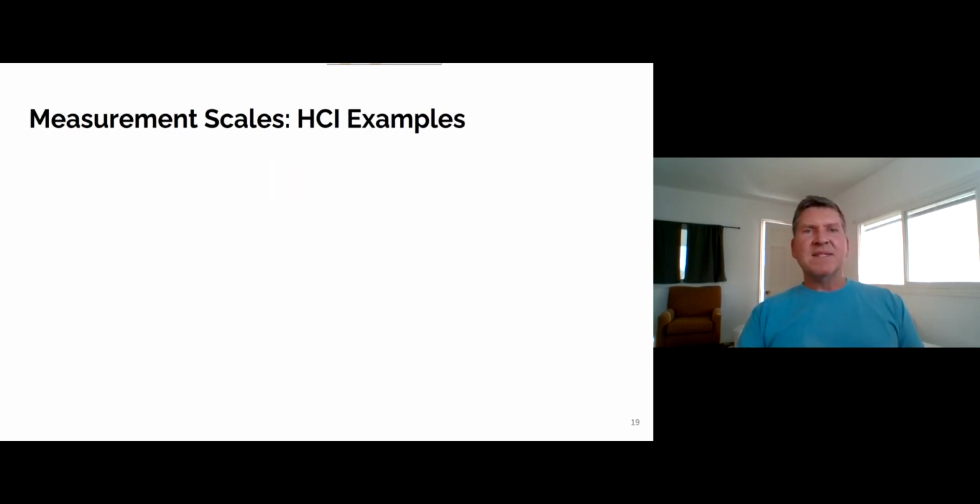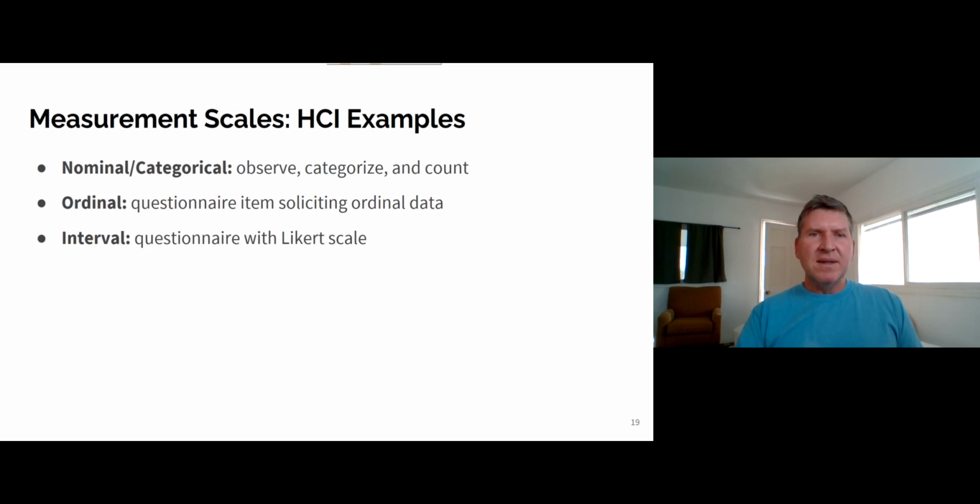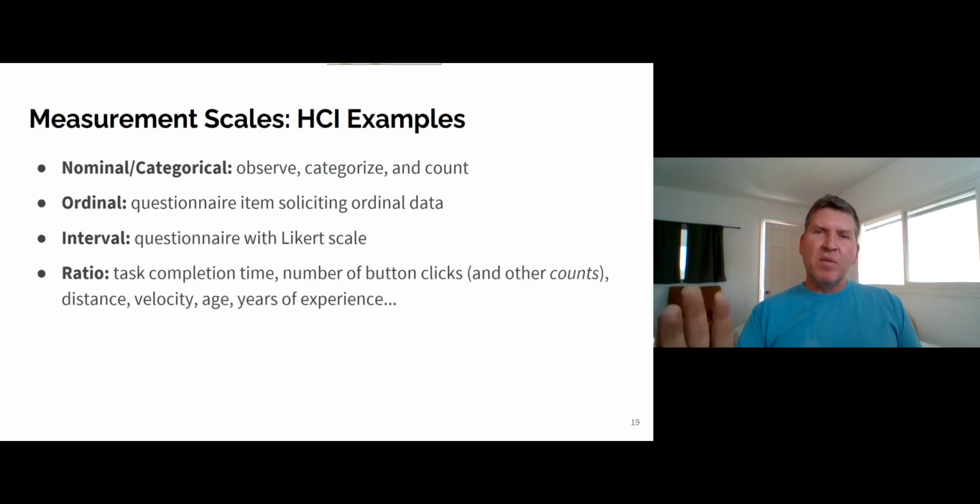So in HCI, let's take a look at some ways in which we can use these measurement scales. So again, here are some of the ways in which we can do it. We can count the number of observations, we can categorize things, we can count things with nominal, we can get ordinal data, having people rank things.